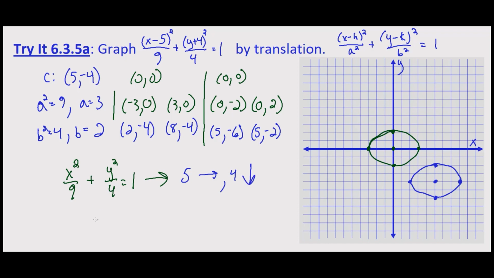And that's what it means to graph an ellipse by translation. We were originally at (0, 0) for the center. We went to (5, negative 4). And then we also shifted our vertices in the same exact way, 5 units to the right and 4 units down, to graph our translated ellipse.